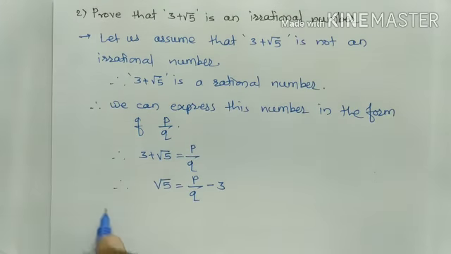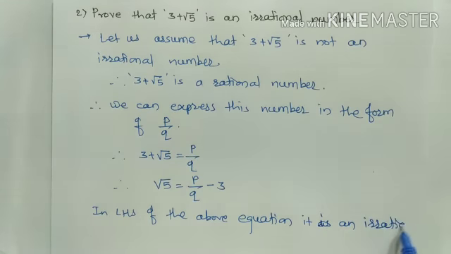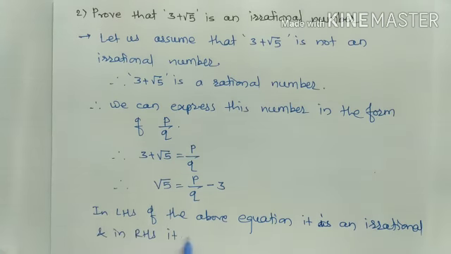So here we write, in LHS of the above equation, it is an irrational number, and in RHS it is a rational number. Why? Because this P upon Q is a rational number. When you subtract a rational number from a rational number, then we get a rational number.